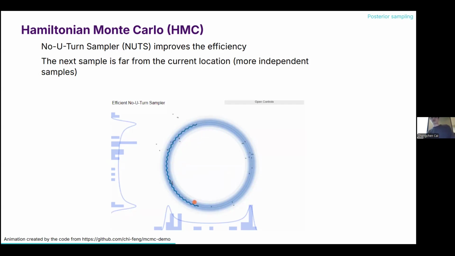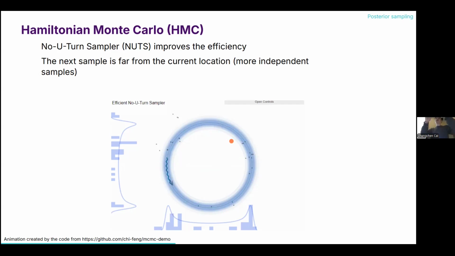But why do you see two traces here? It's actually to avoid the case where you make a U-turn and you go back to the original point, and you make a sample. That will not be efficient. But you may say it's very rare to have the exact same location, right? But you may end up with some near region, which is also not cool because you want your samples to be far from each other every time so that they are not correlated that much. So by doing two directions, you can make sure that when they meet, you have a chance to make a U-turn, right?